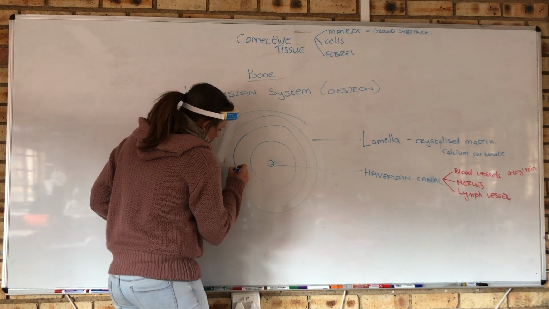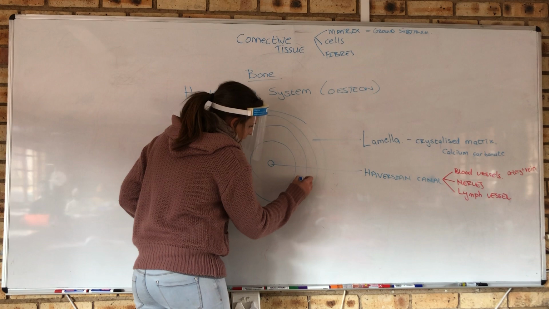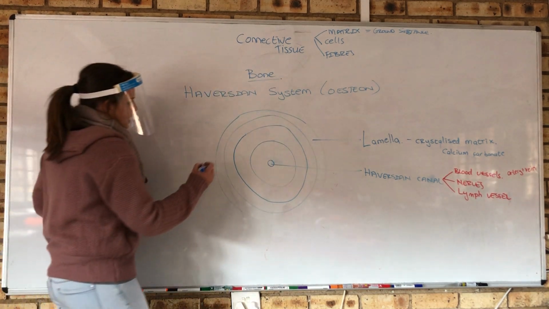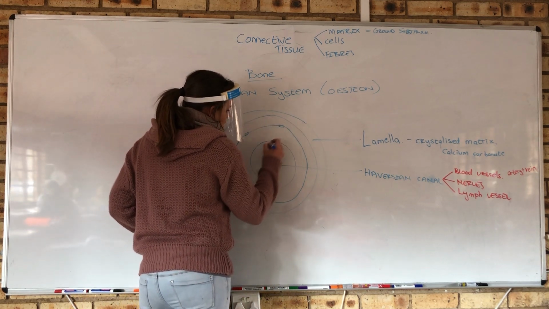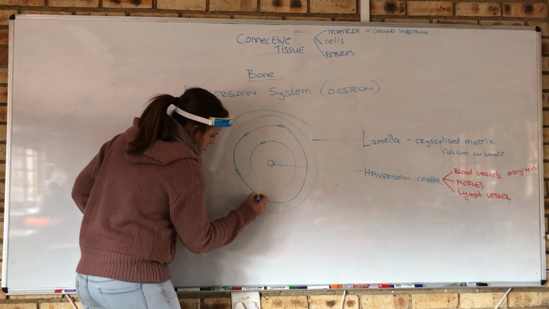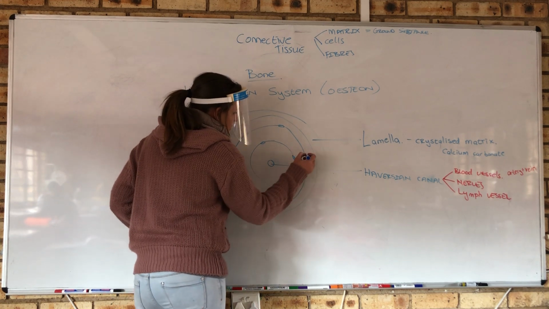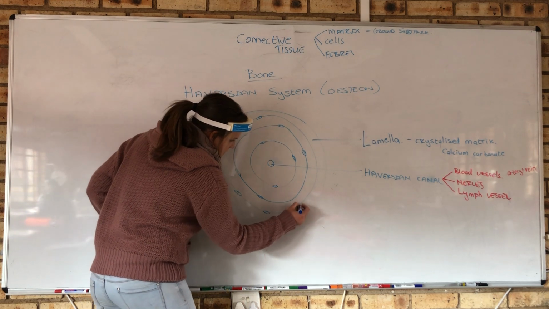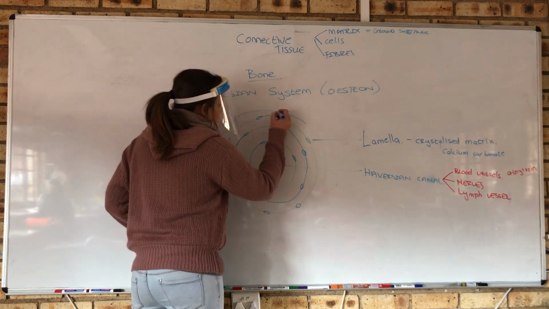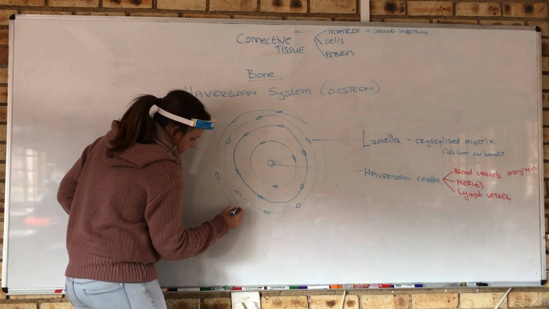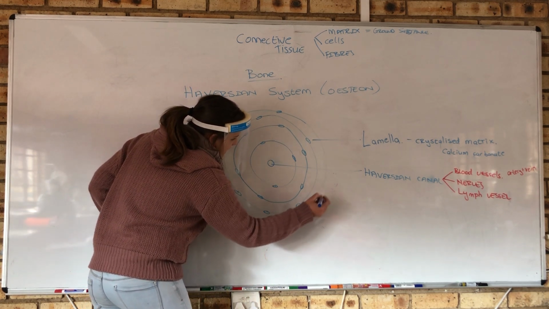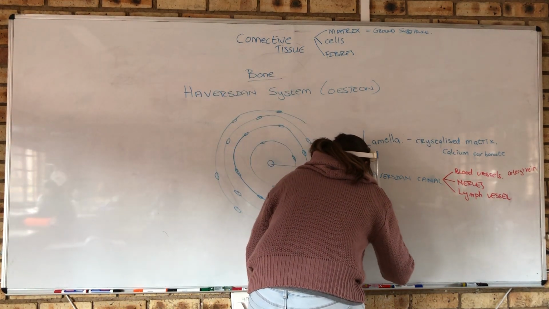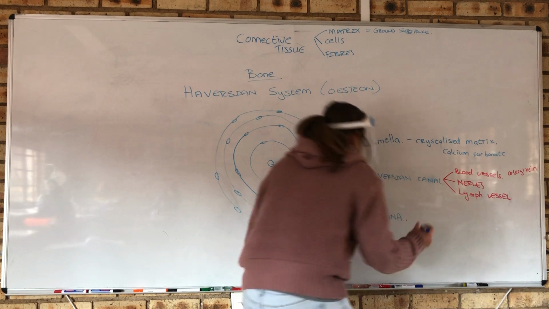So these concentric rings are called the lamella. Along the lamella, we have pockets of uncrystallized matrix. So we have these kind of areas where we have uncrystallized matrix. You all cool with that? That area that has the uncrystallized matrix in it is called the lacuna.